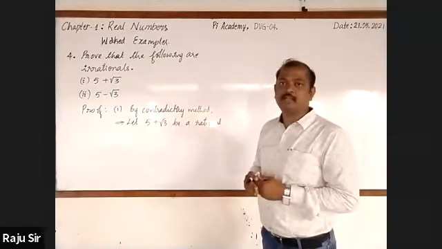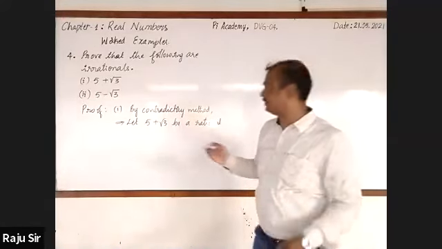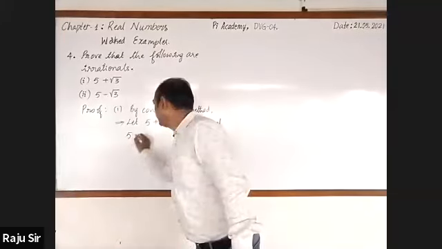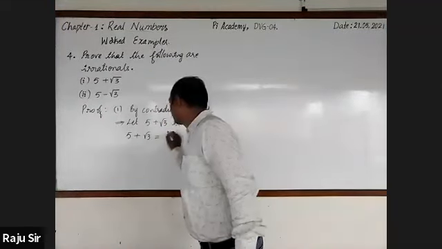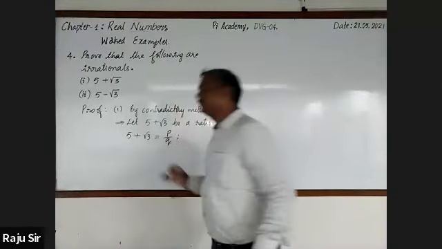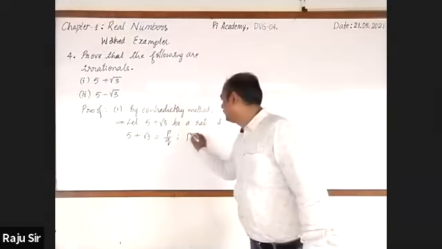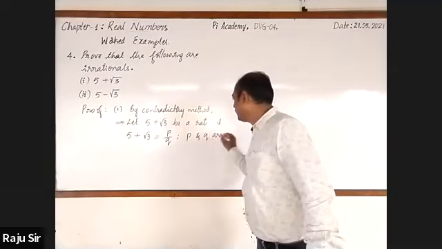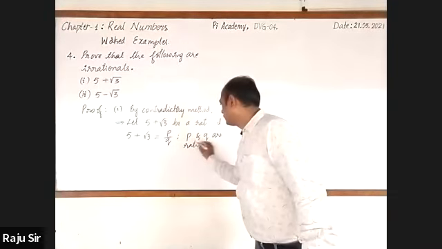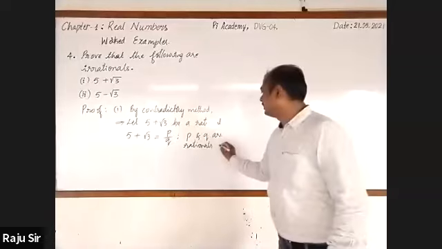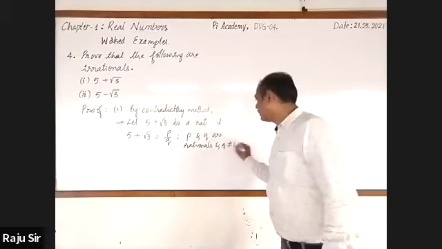If it is rational, it can be written in the form of P by Q. That is 5 plus root 3 is equal to P by Q, where P and Q are rationals, and Q is not equal to 0.